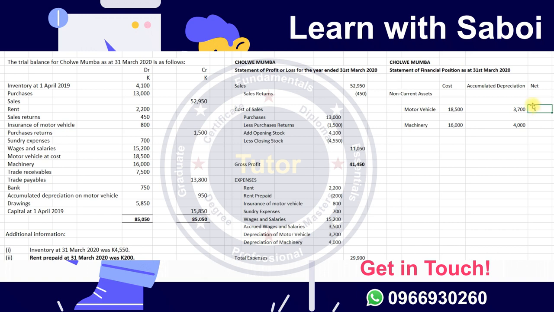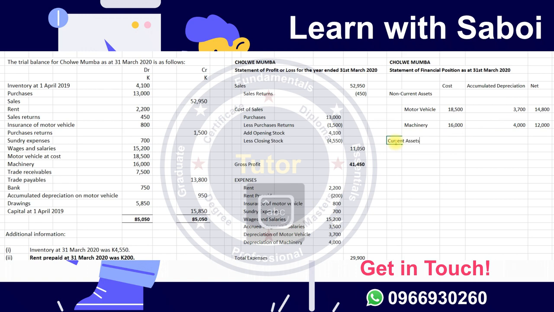So it's this, subtract that. And for machinery, it is this from this. Quickly it's going to be that, subtract that. Okay, 12,000. Good.